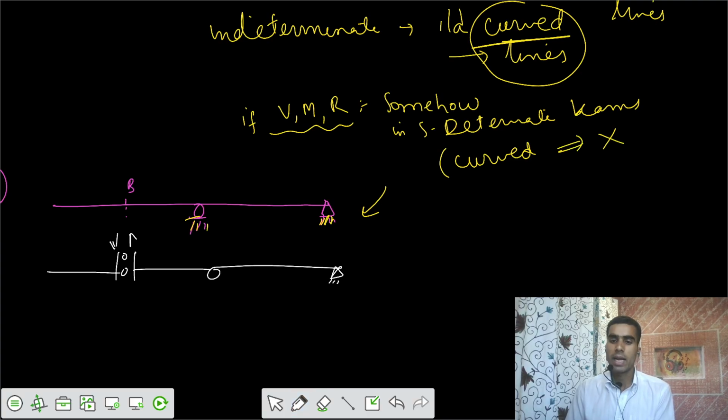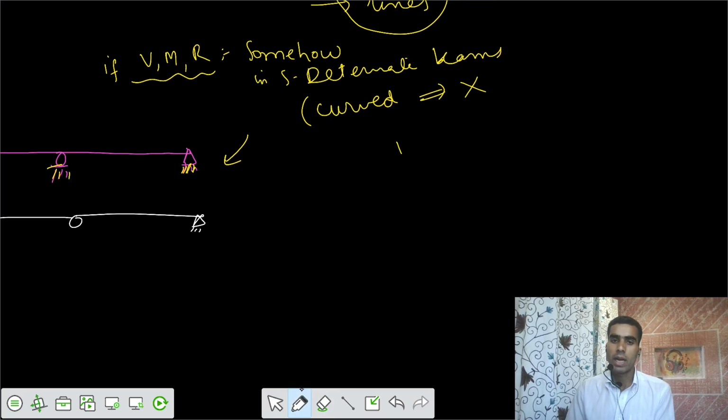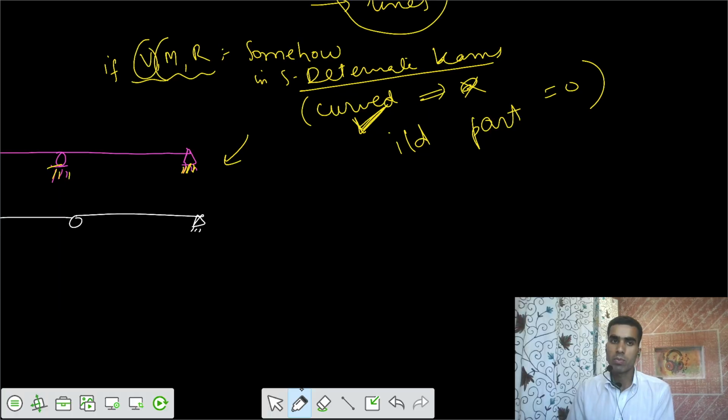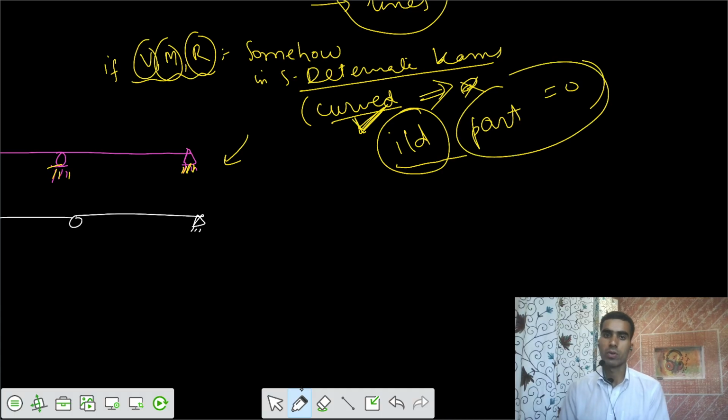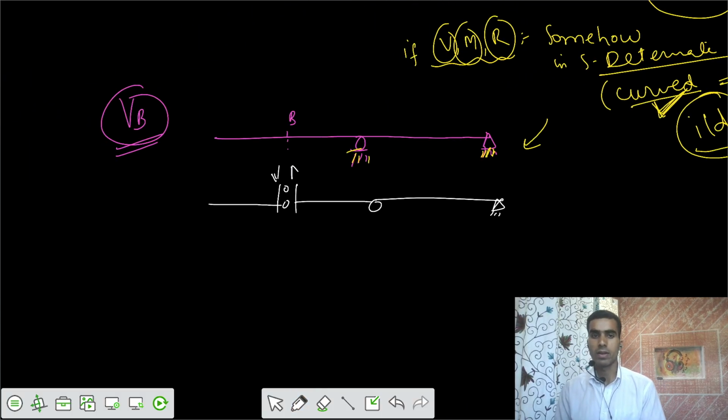That means the ILD for that part would be 0. You keep that in note. If curvature is developed anywhere in the statically determinate beams because of some shear, moment, or reaction, that means curvature should be 0. Curvature gets developed, that means you have to draw ILD for that part 0.